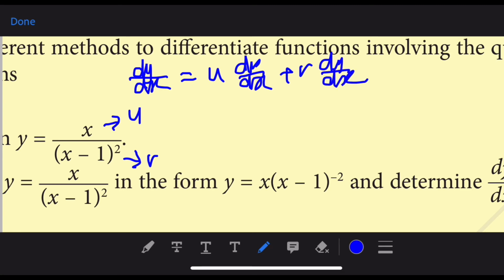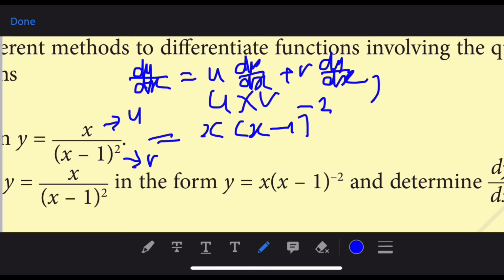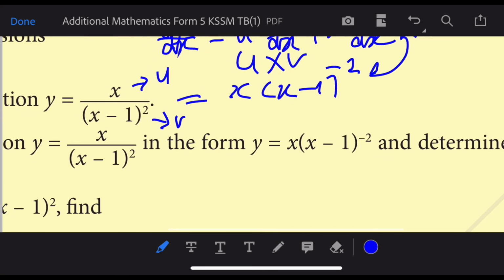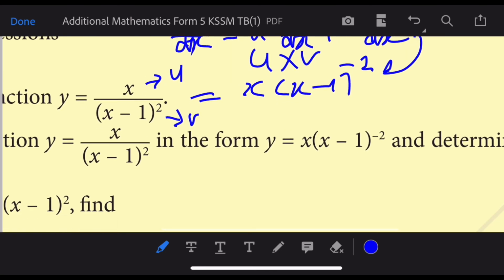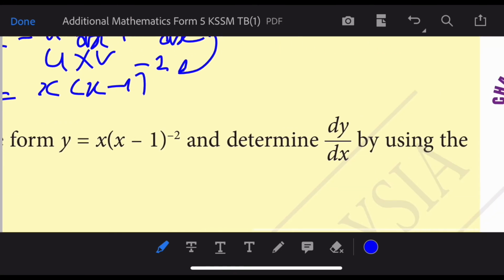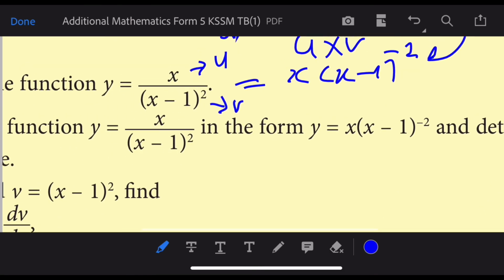So what I need you to do is make it a multiplication. If not, you have to use the quotient rule. So I want you to bring x up, it becomes negative, so it becomes u times v, so that you can use this formula. Because we have another formula, the quotient rule, it's better not to use it because it's very complicated. So I make it multiply so that I can use the formula that I taught you.